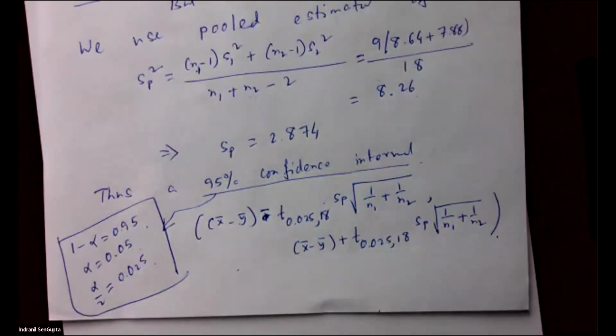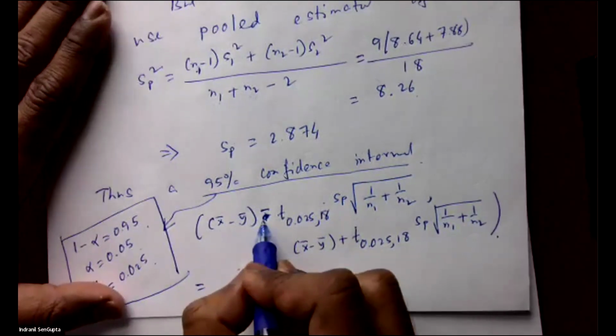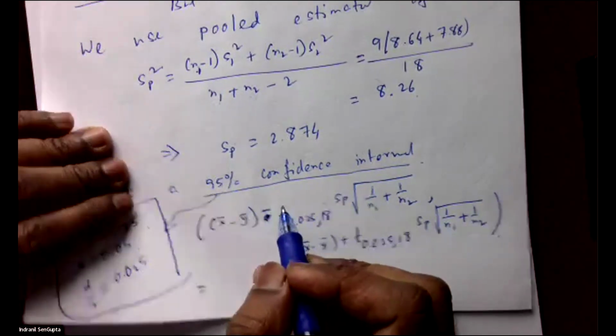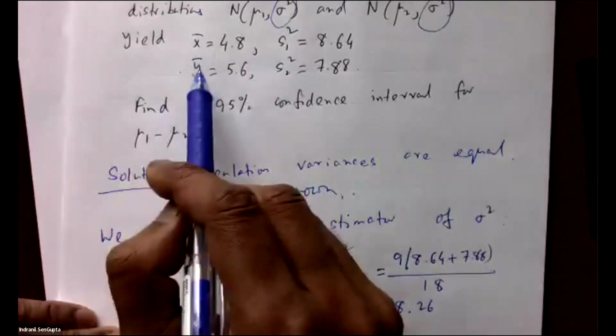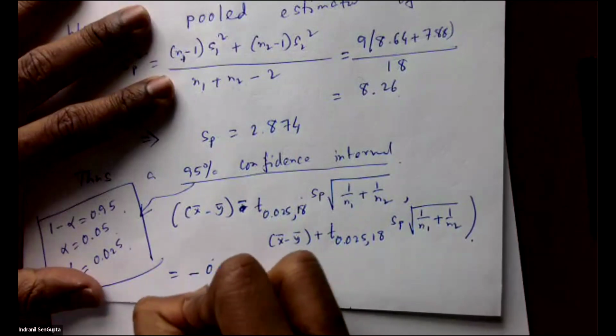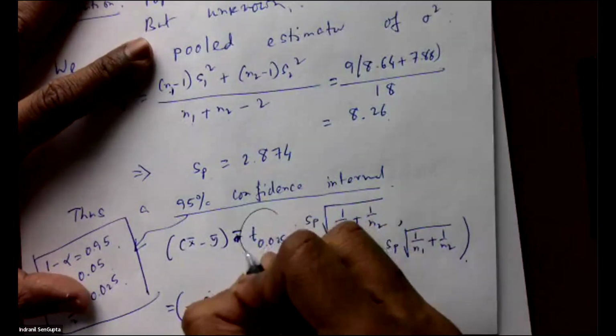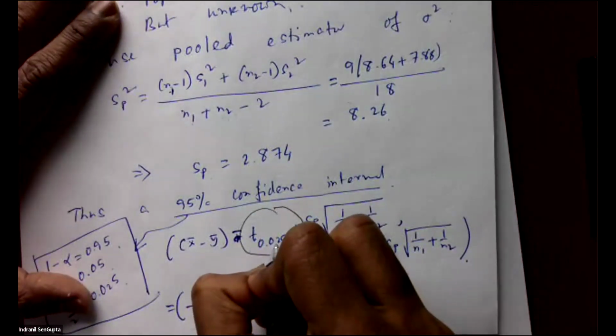Okay, plug in all the numbers. x bar minus y bar is 4.8 minus 5.6, so it's minus 0.8, minus, I won't show it again, but we already know how to compute this.